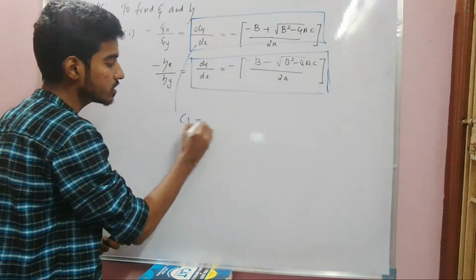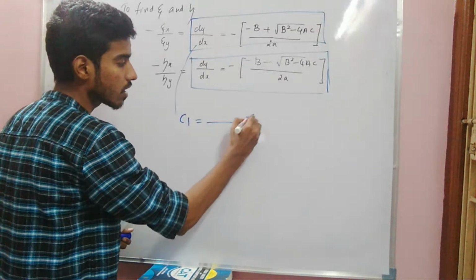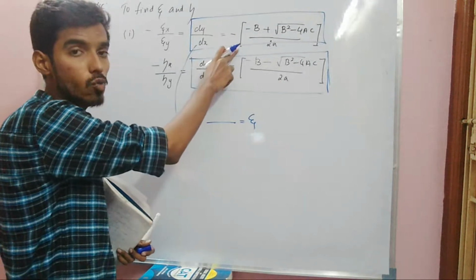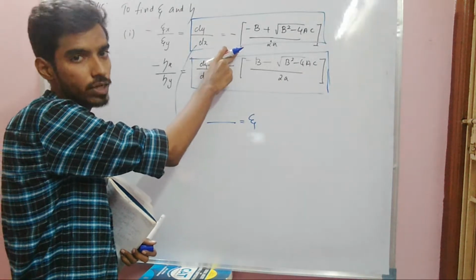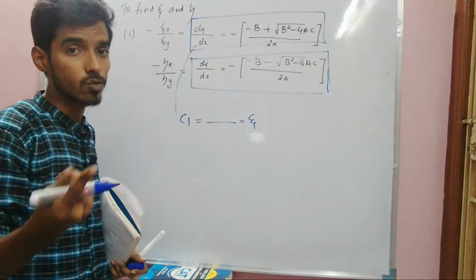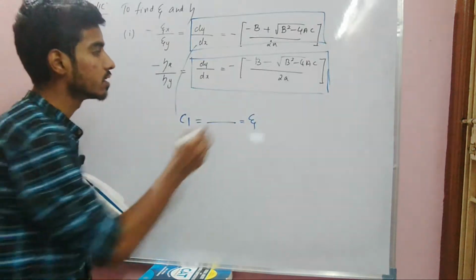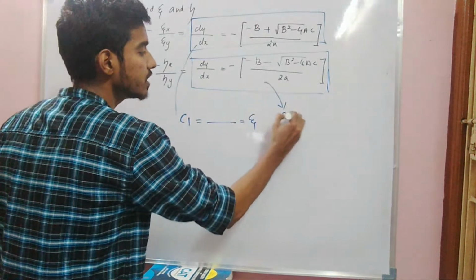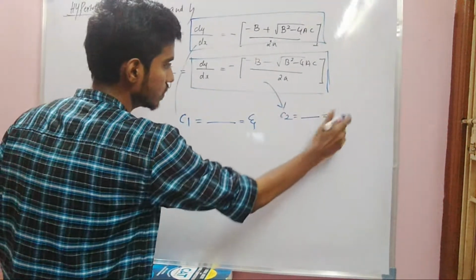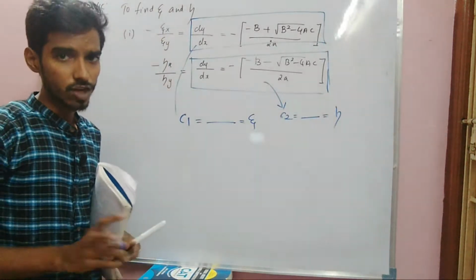So you bring C1 to one side and all the other terms to the other side, and call this theta. So our theta is nothing but the value of C1 here. After finding this, you integrate this term, so the integration constant is C1. You keep C1 on one side and bring all the terms to the other side, and you will find theta. And from here you find C2 and you will have some equation, that is our eta.